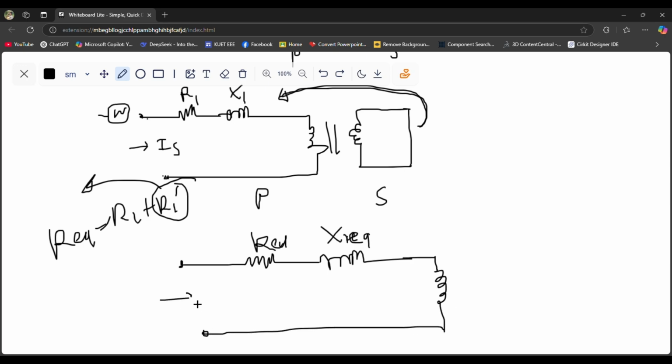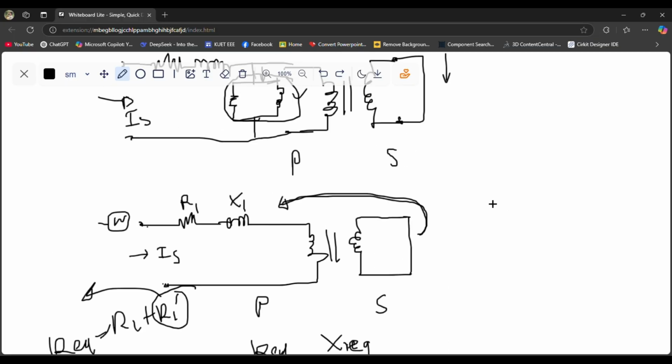We have this input current Is, and so on. But an important topic is missing so far: we have the transformer's high voltage side and low voltage side. Which side should we take, primary or secondary? I have already told you that we have to make this high current at its rated value.